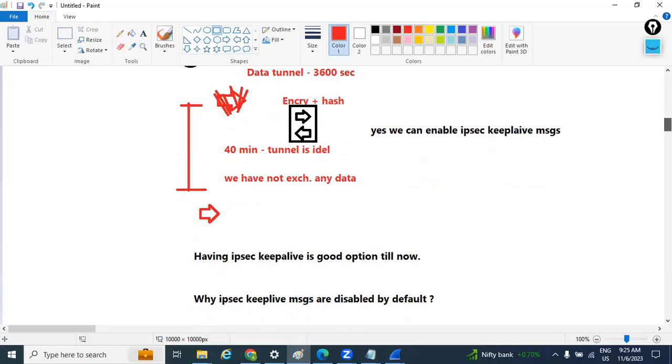I'm saying, okay, you are talking about the case where you are not exchanging the data, for example. But if we are exchanging the data also, and along with that, like EIGRP, we are exchanging keep alive messages also. Are you getting my point, guys?